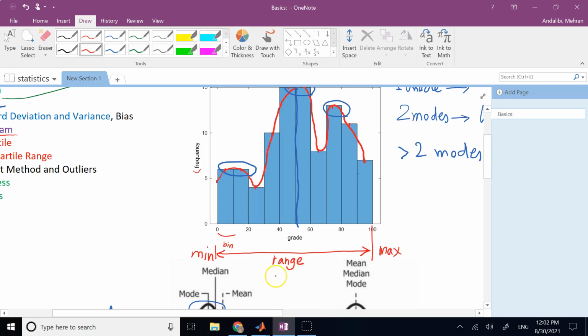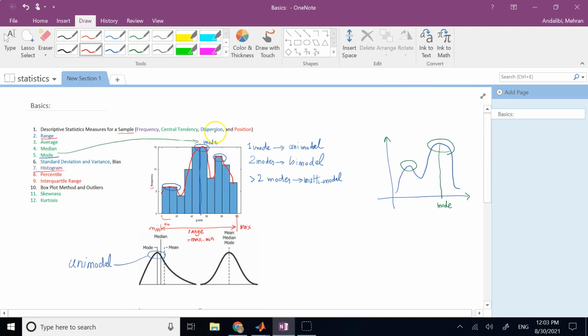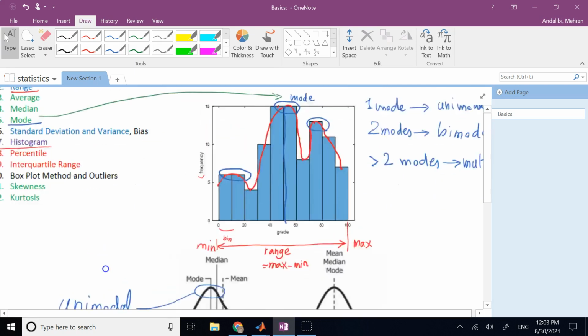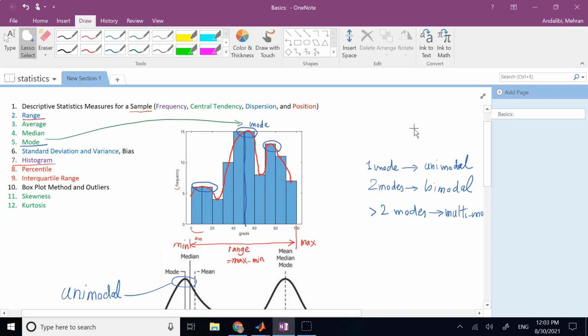Range is equal to max data minus min data. And it's a measure of course of dispersion of the data. It shows how well the data is distributed over what range. So this is about 3 important things: histogram, range, and mode.